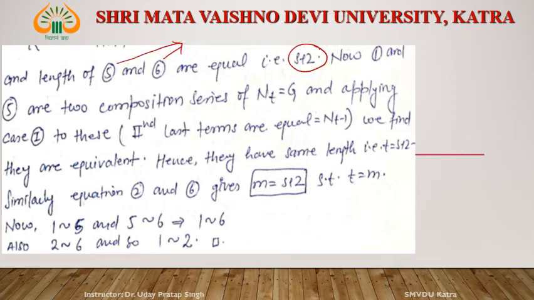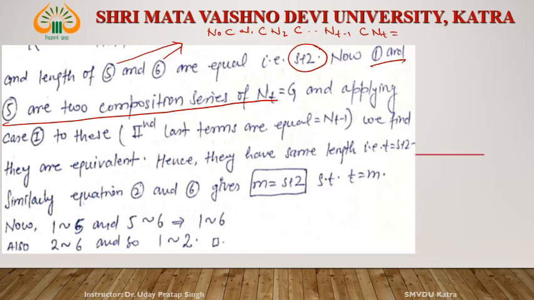We already seen it. What is 1 and 5? 1 and 5 are isomorphic. Why are 1 and 5 isomorphic? What is 1? 1 is N0, N1, N2, Nt-1, Nt equal to G. This is 1.